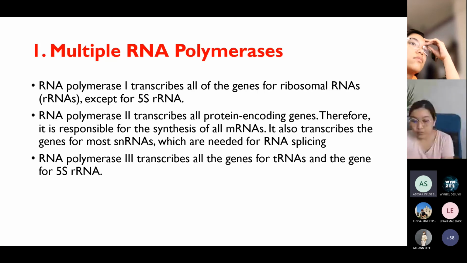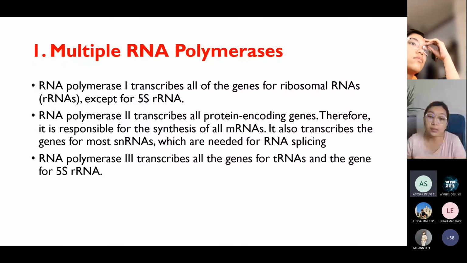So we have the first one here, which is the multiple RNA polymerases. For eukaryotes, we have multiple RNA polymerases that are structurally similar to the bacterial enzyme. So the same structure, it's just that we have multiple numbers.